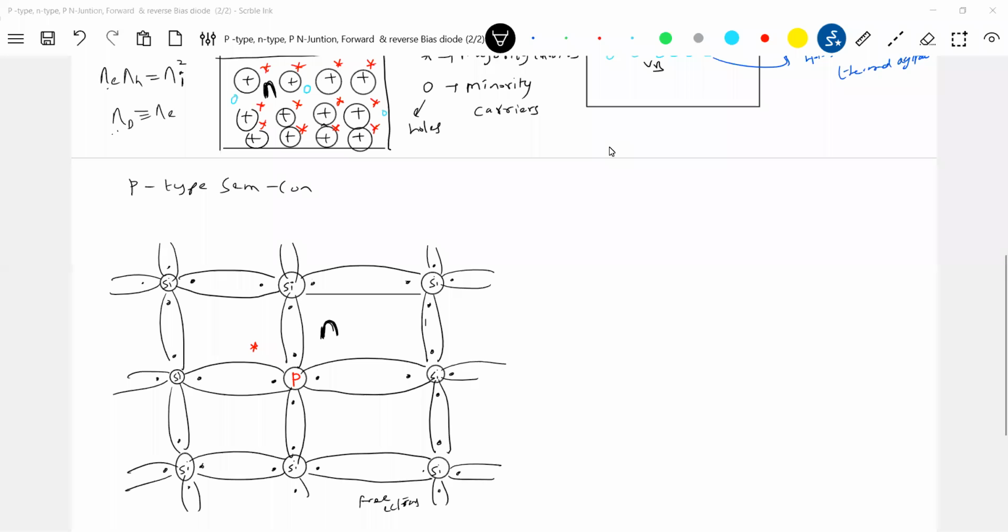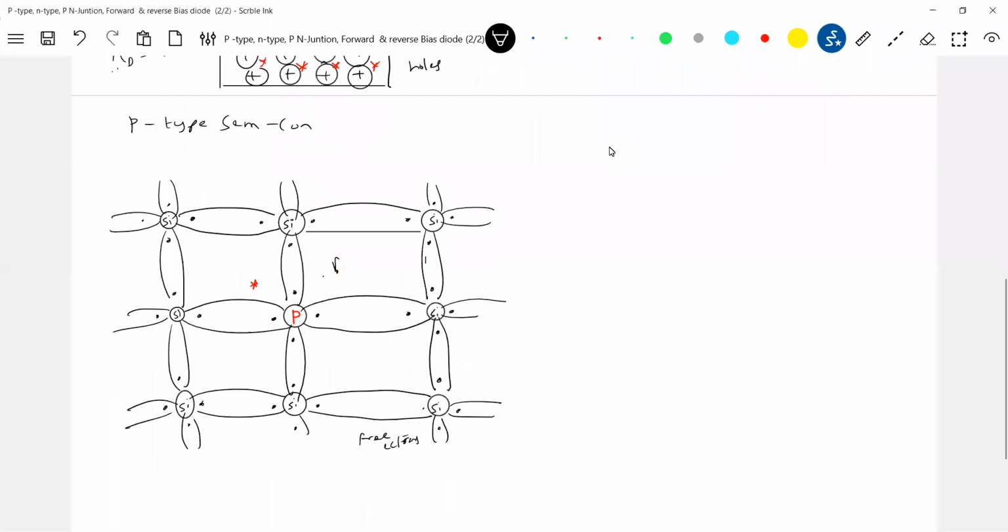P-type semiconductor. So how to produce a P-type semiconductor? Trivalent impurity atoms are added to an intrinsic semiconductor.